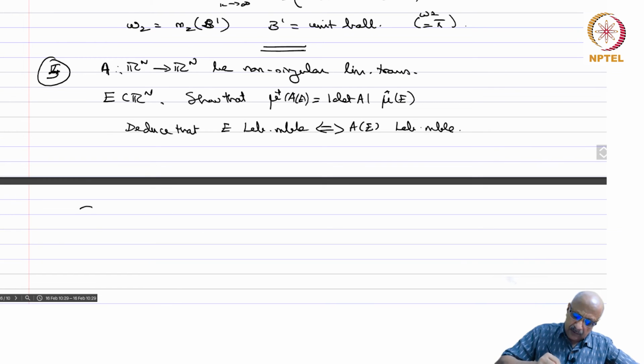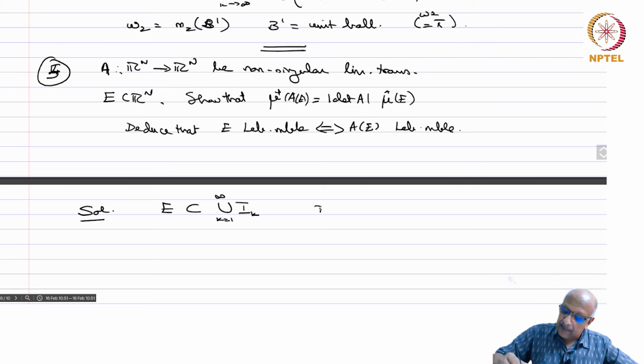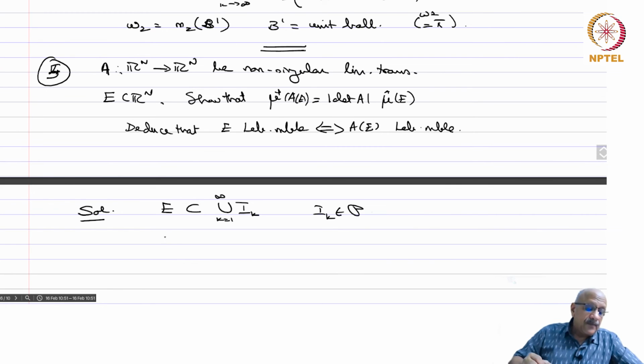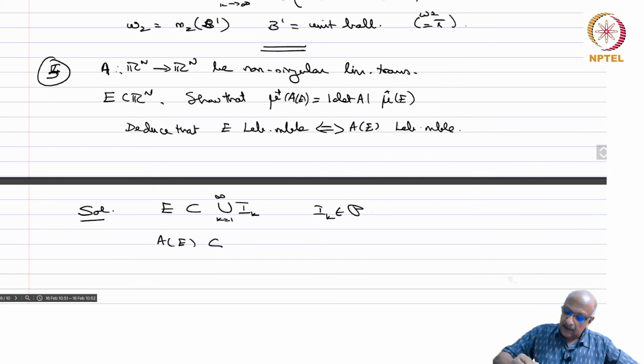So, solution. Let E be contained in the union of Ik, k equals 1 to infinity, with Ik belonging to P. So AE is contained in the union of A of Ik.